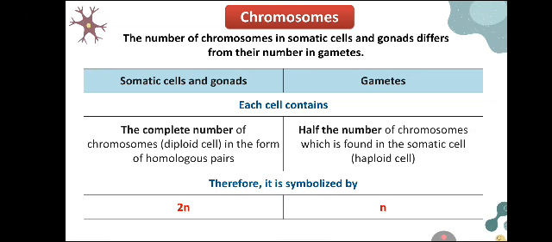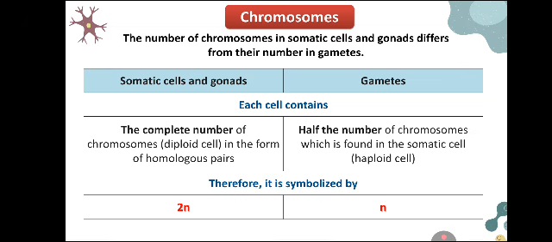So here is a comparison between somatic cells and gametes. We said that somatic cells make up everything in your body except reproductive cells. Each type of cell contains a definite number of chromosomes. Somatic cells contain the complete number of chromosomes.